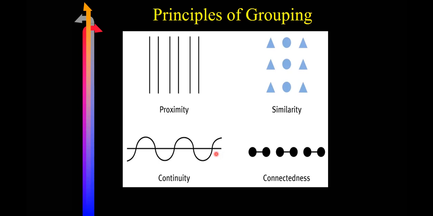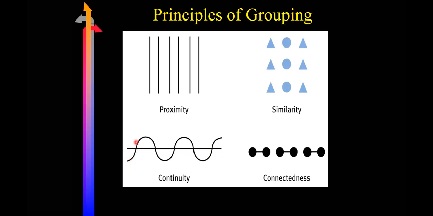Why is that? Because they're not part of that continuous object that we want to see. It's disturbing to us that those body parts are not connected in the way they should be.